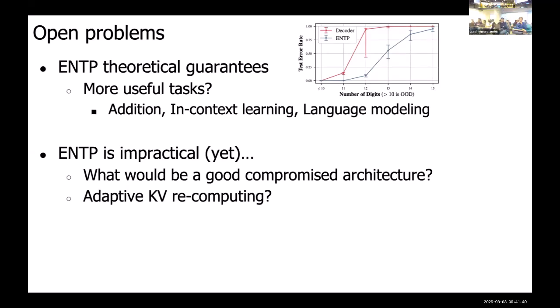The other thing that I'm particularly more interested in is less theoretical, but is about making the NTIP idea more practical. Right now we're completely giving up practical efficiency, but I think there should be some compromise architecture that keeps the efficiency advantage of decoder transformers while making it a little more expressive. One example would be adaptive KV recomputing.